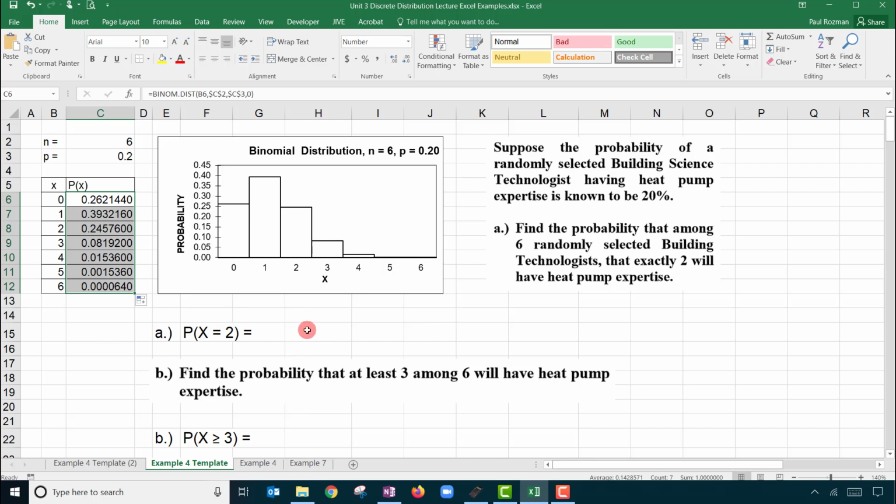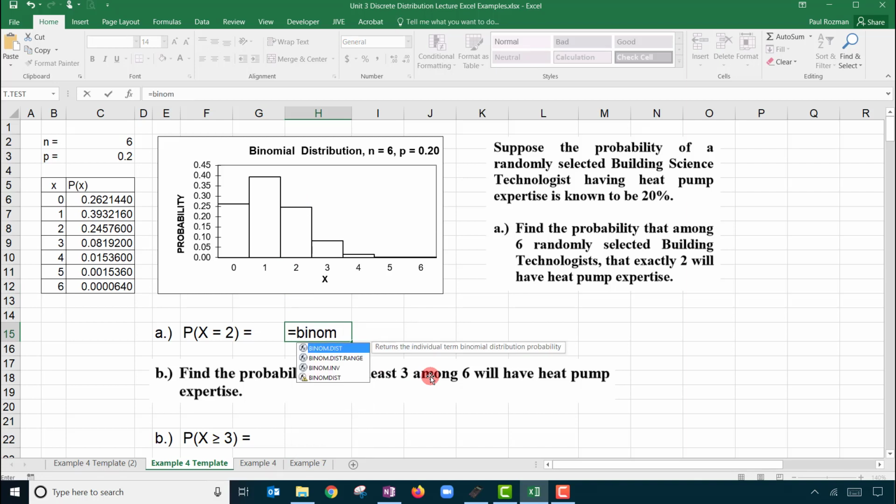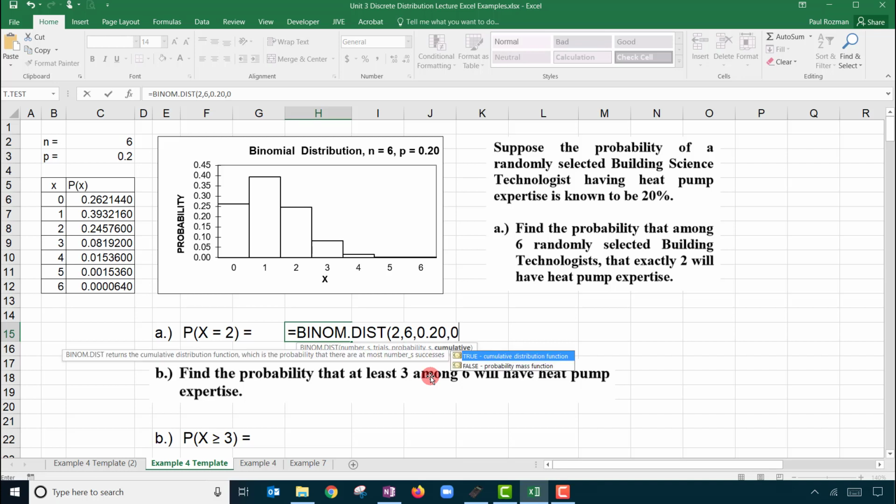So repeating how to do that, in our example, we wanted the probability of exactly 2. So to get that, I could just say equals binom dot dist. And if I just want to type it all, I can say there were 2 successes in 6 trials, 20% chance of success, and no, I don't want it to be cumulative.